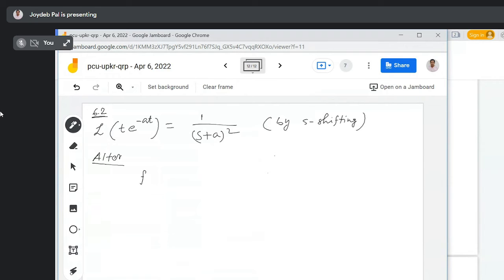So, f(t) is t into e to the power minus at. We are assuming, don't compare it with the s shifting form. In s shifting form, e to the power at into f(t), f(t) is t. Here we are taking the total function as f(t), t into e to the power minus at. Now you differentiate it.